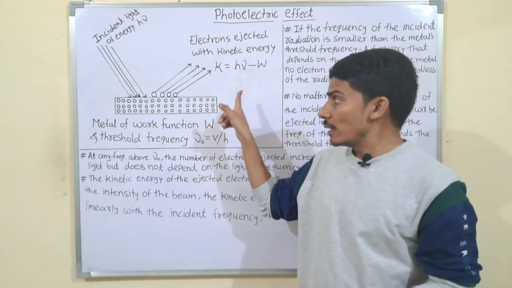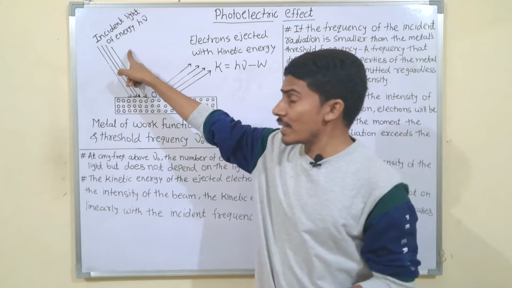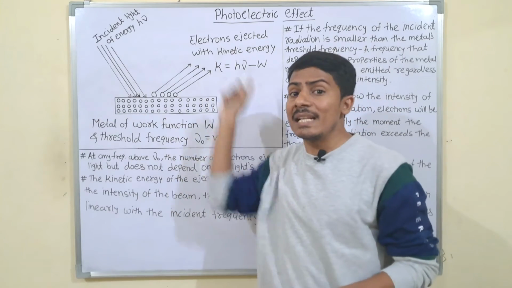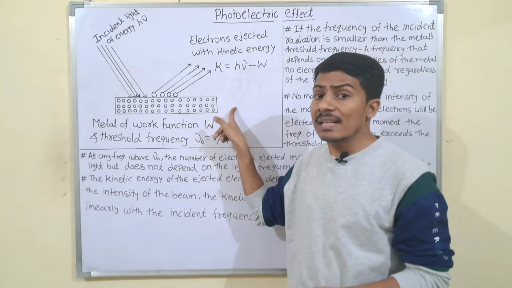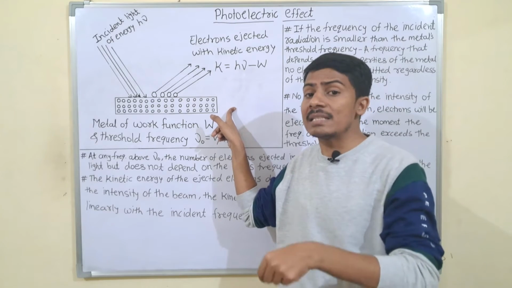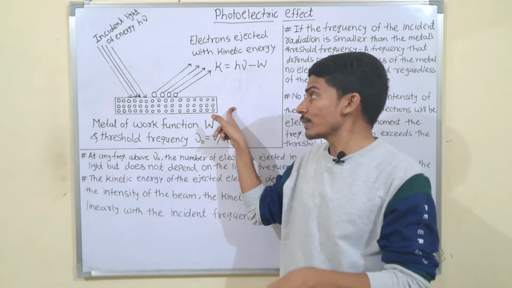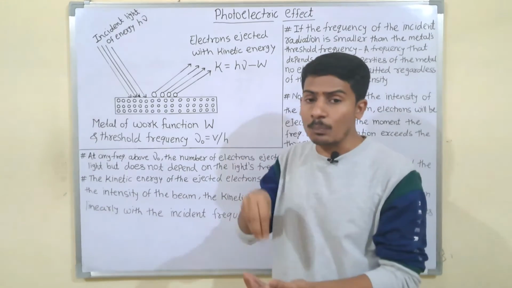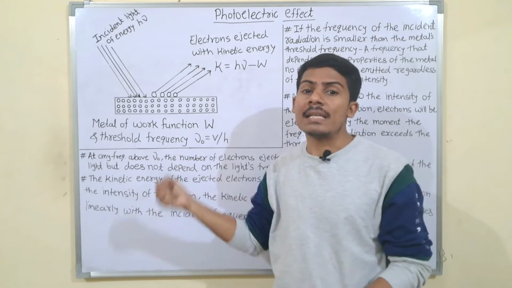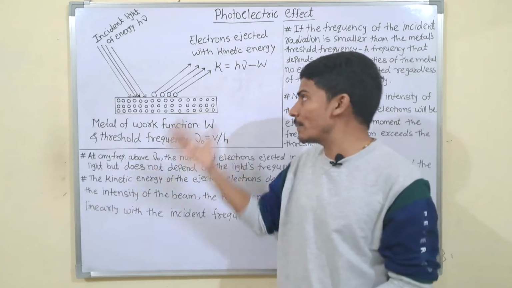If the frequency of that light exceeds the limit of the threshold frequency, denoted by nu naught, then at that point emission of electrons instantly takes place.